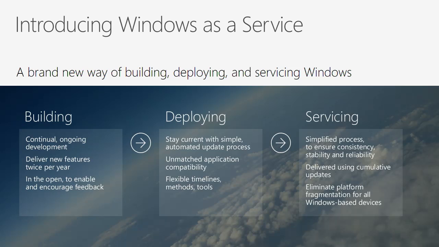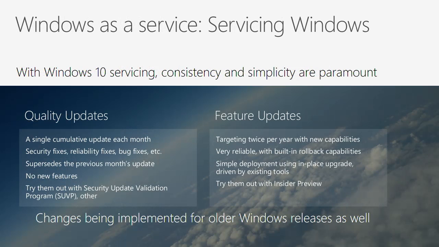So we want to get into that rhythm of pushing out monthly updates as well as the every 6 month or so feature updates. Size comes in when we start talking about the quality updates, because these monthly updates are fully cumulative. Each month we add stuff to them, and as a result, the packages keep getting bigger. The feature updates start off big, because effectively they're a brand new operating system release, a bundle of all the new operating system files that needs to be deployed out to all the existing Windows 10 clients.